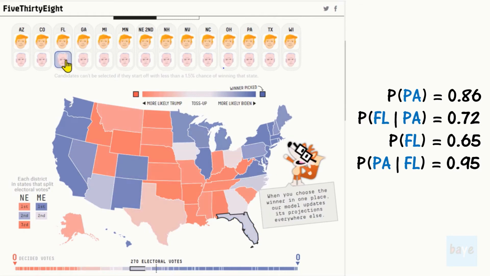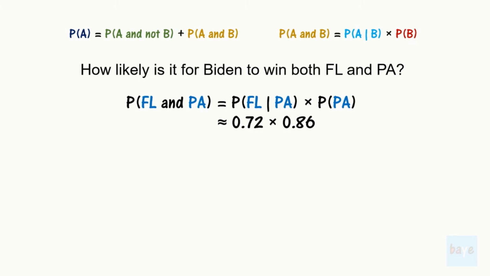This shows the 538 model uses existing results to project states for which results have not been called yet. That means when you choose the winner in one place, the model updates the probability. This is 0.72 times 0.86, which is about 0.62.